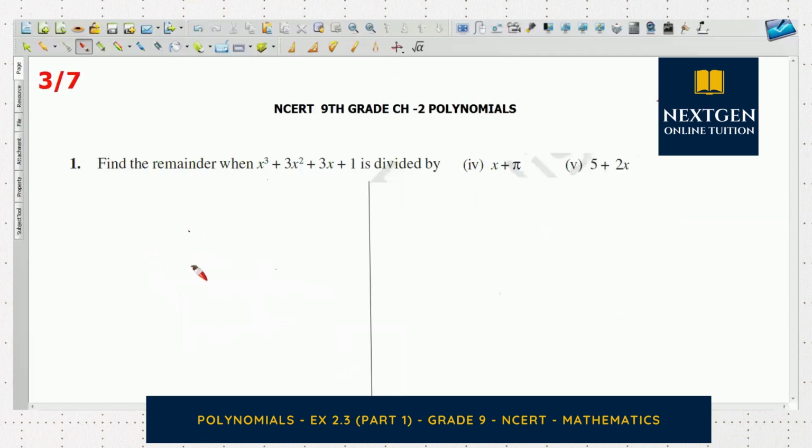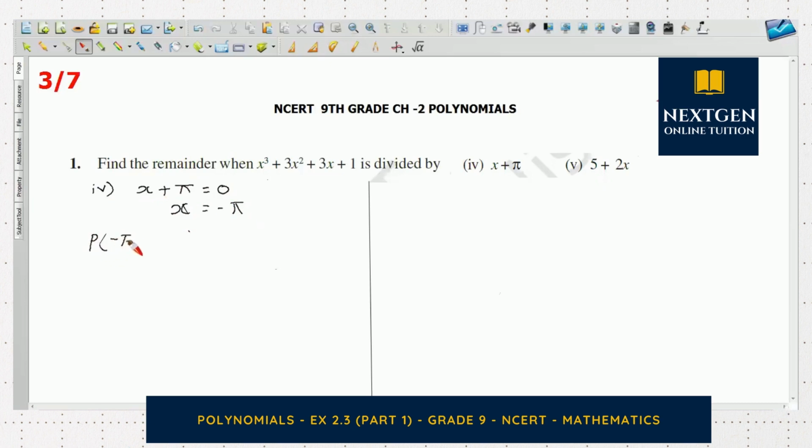Let's move on to our fourth and fifth subdivision. So x plus pi is going to be my divisor value, and equating it to 0. I'm putting it here, the fourth one. So x plus pi is equal to 0. So automatically my x value will be minus pi. Plus pi moves to the other side and becomes minus pi.